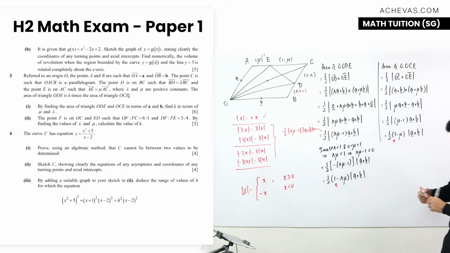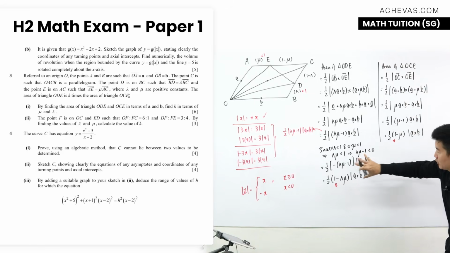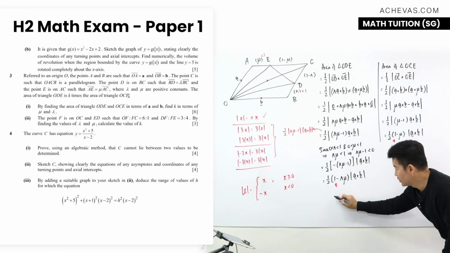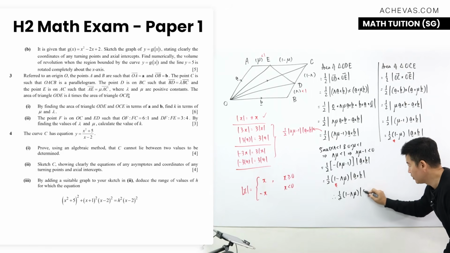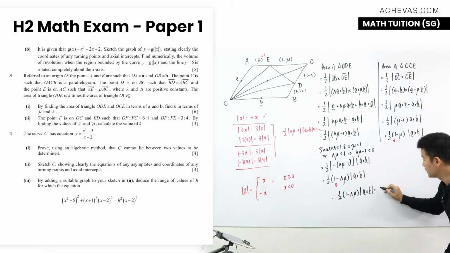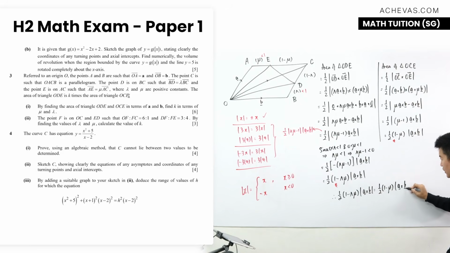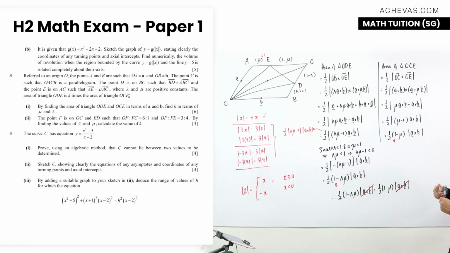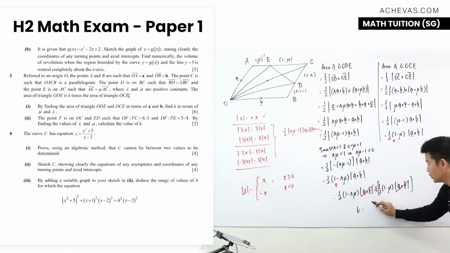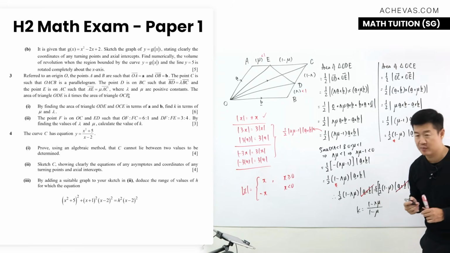So we have this, and now we know that the area of this is k times of this. Therefore half of (1 minus lambda mu) modulus of A cross B is going to be k times half of (1 minus mu) modulus of A cross B, and with this as the scalar quantity, we can cancel them out. Which means that k is going to be equal to (1 minus lambda mu) divided by (1 minus mu).